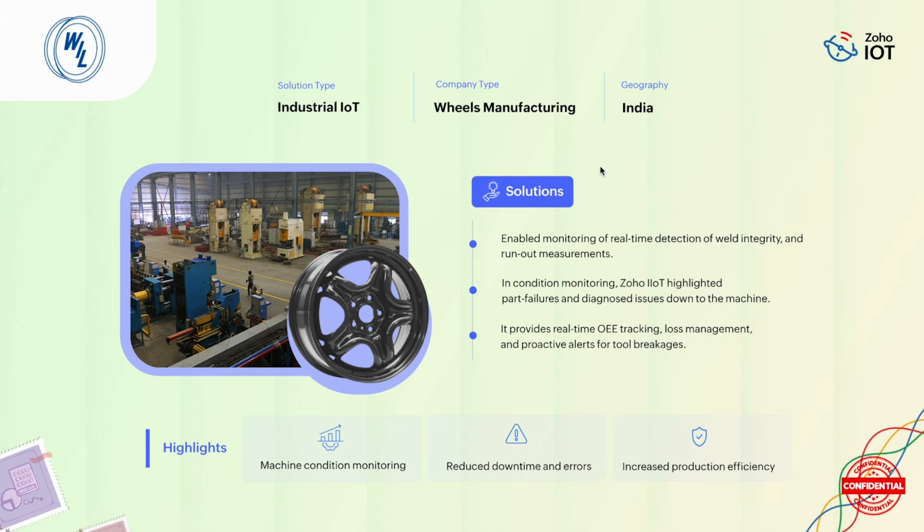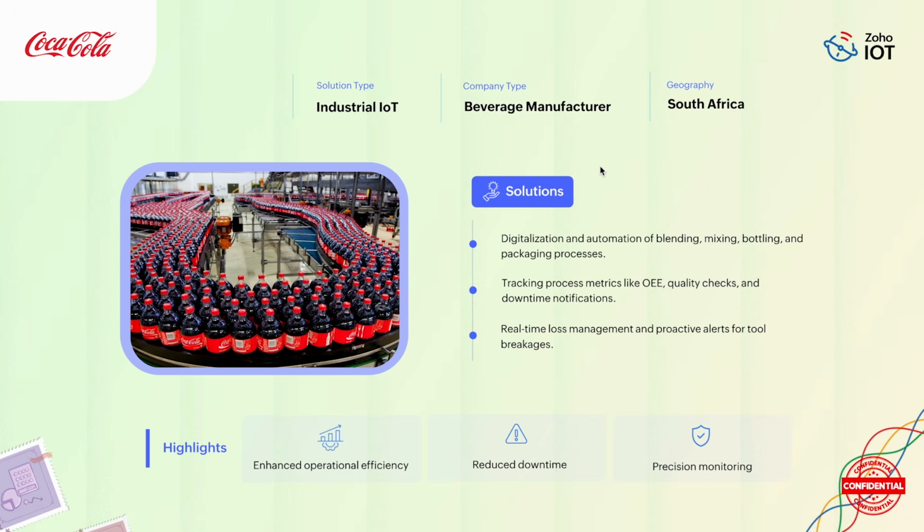We capture the data from all these multi-vendor CNC controllers, find out the bottleneck machines, and come out with the overall equipment effectiveness metric, which is key for any industry. We also do all the functionalities that I explained in the previous slide for this plant, which collectively enabled them to do condition monitoring, reduce downtimes, and increase production efficiency.